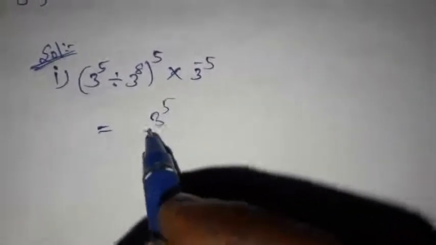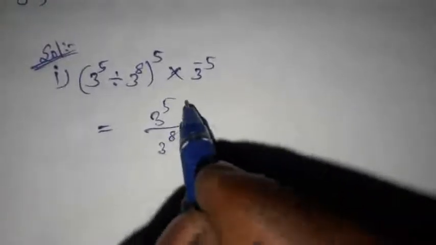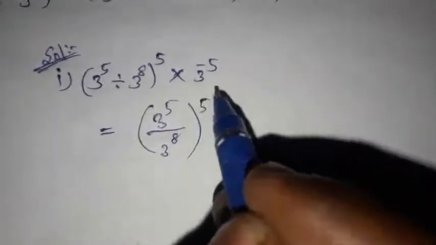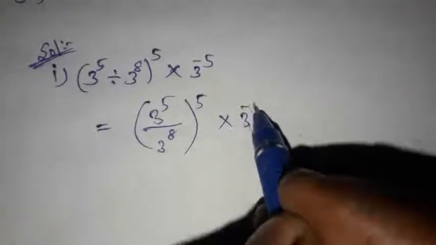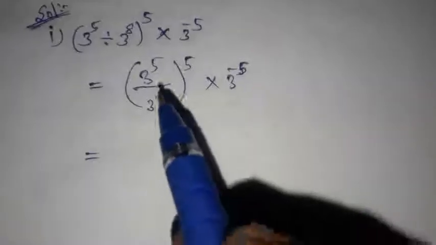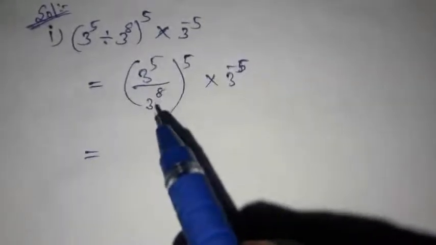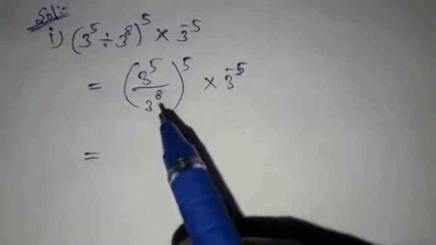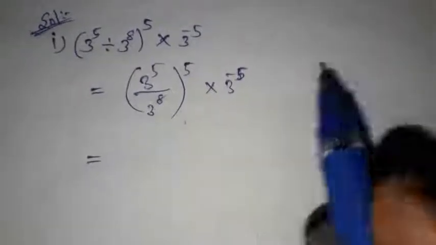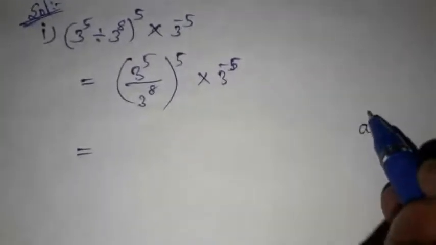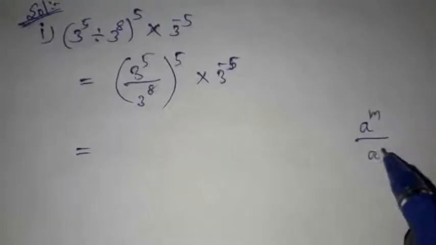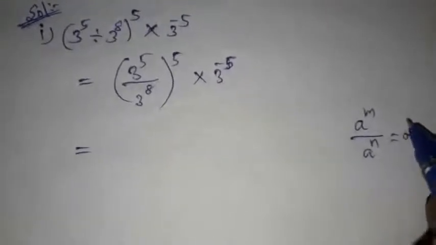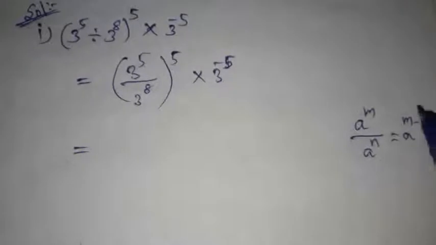3 power 5 divided by 3 power 8 the whole power 5 into 3 power minus 5. Look at here, it is in division. In this case, we are going to use a law here. A power m divided by a power n equals a power m minus n.